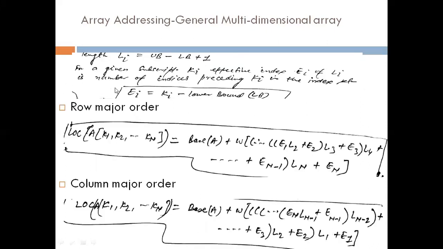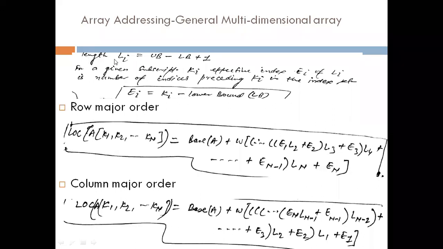So again, this is a general formula for row major order and column major order. Firstly, we should compute the length of that dimension. So this is the general formula: the length of the ith dimension is equal to upper bound minus lower bound plus 1.